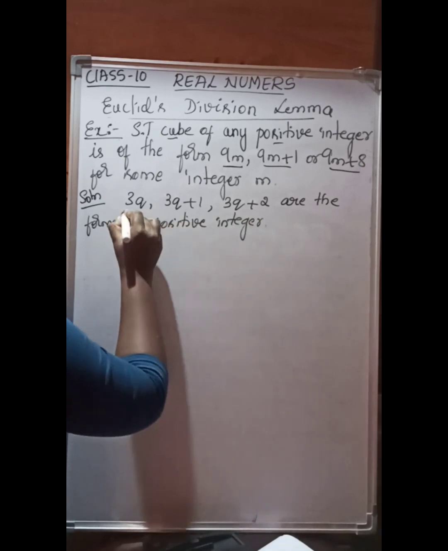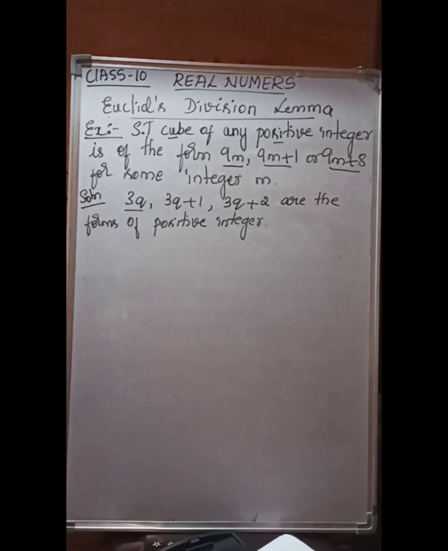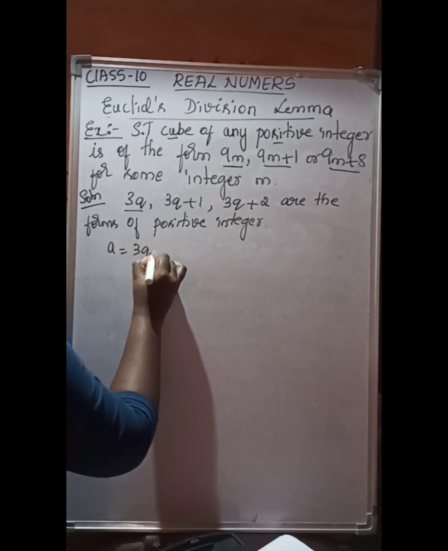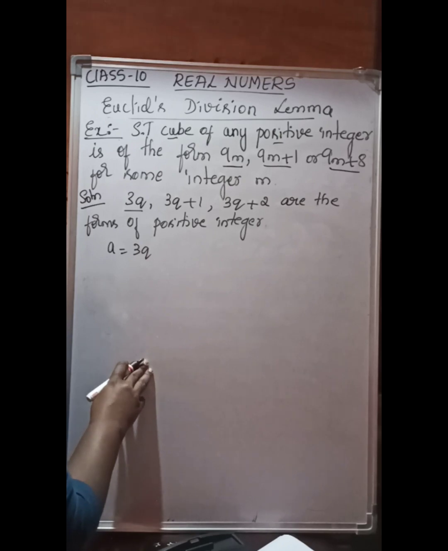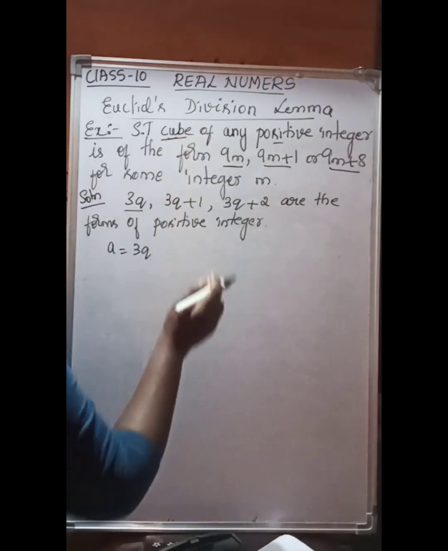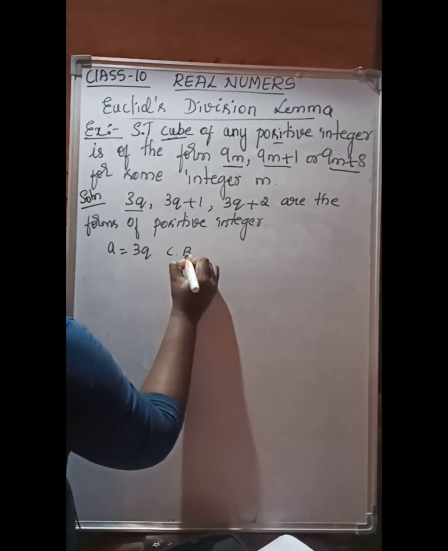Now we have to take 3q and we have to prove it exists in the form of 9m. How to prove it? Consider a equals 3q. We know that what they asked in the question, cube of any positive integer. Now cube on both the side.